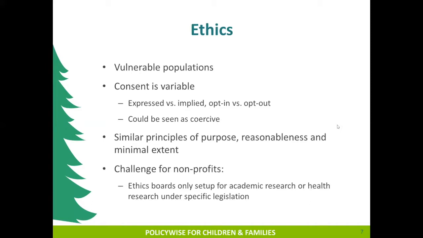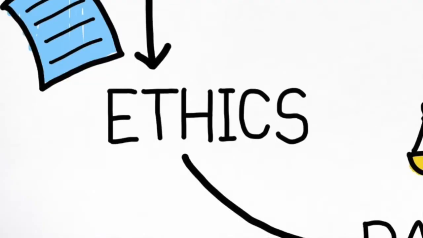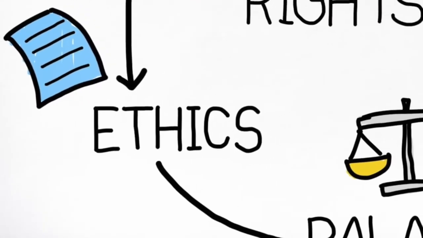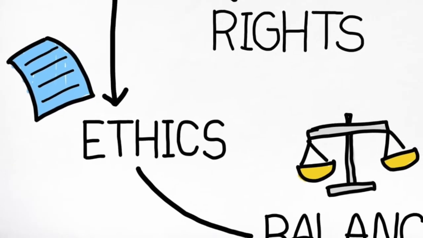Now, in terms of ethics, though, there are similar principles in terms of purpose or reasonableness and minimal extent for the activity that you're contemplating. Similar to the gap in privacy legislation that covers the nonprofits in Alberta, there's also a bit of a gap in terms of where nonprofits can turn for advice on ethics.